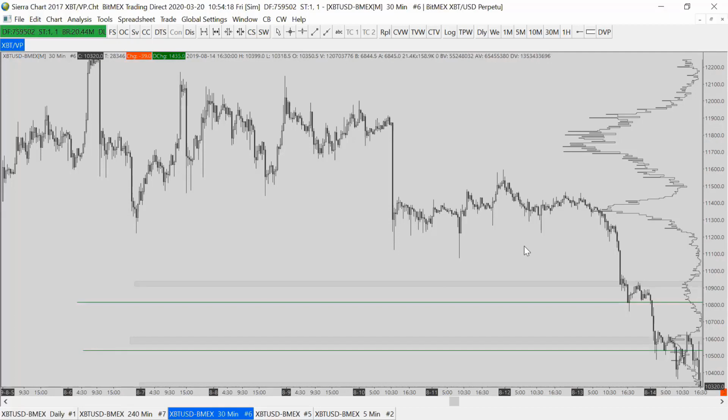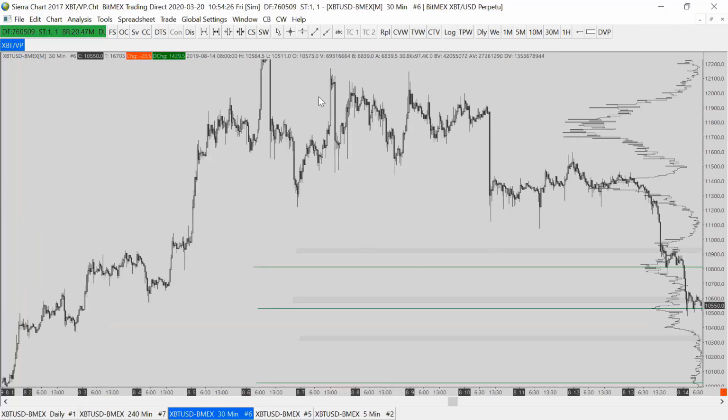And as I've explained, I think in previous webinars, I'm not generally looking to buy price support levels. Okay, so this LVN represents this one here, formed on the way up. I'm not looking to buy those levels which were formed on the way up if the market's now trending down. Why?